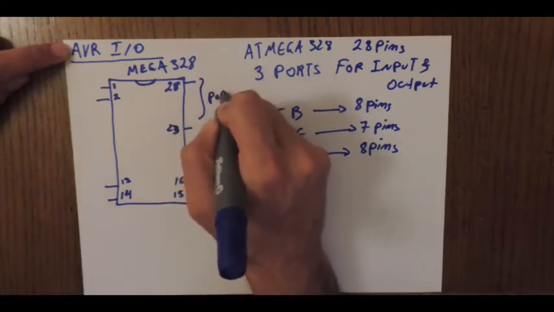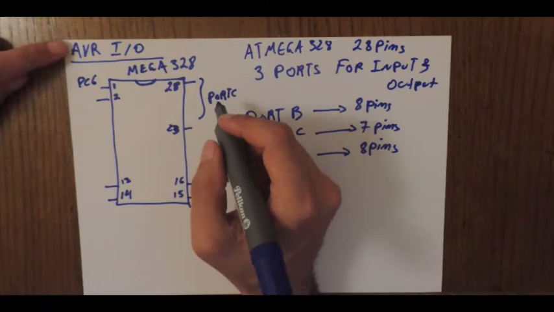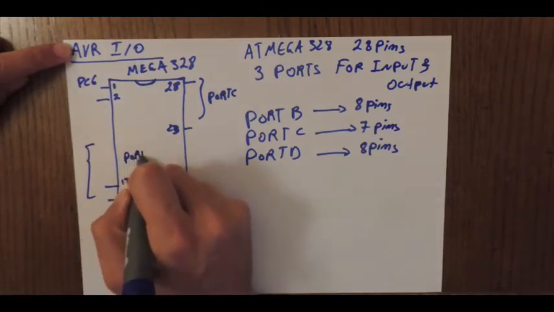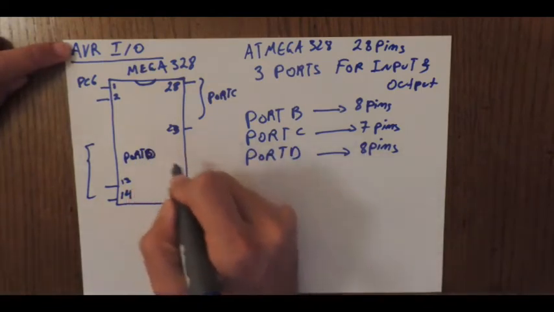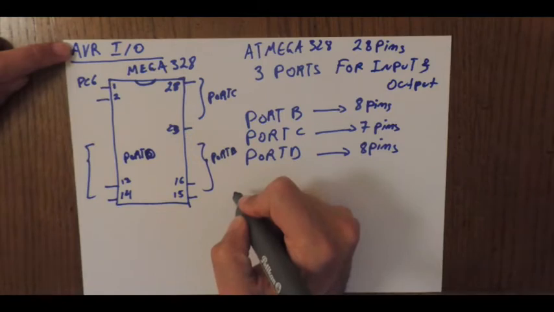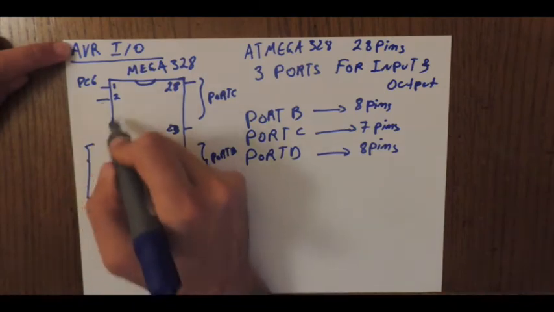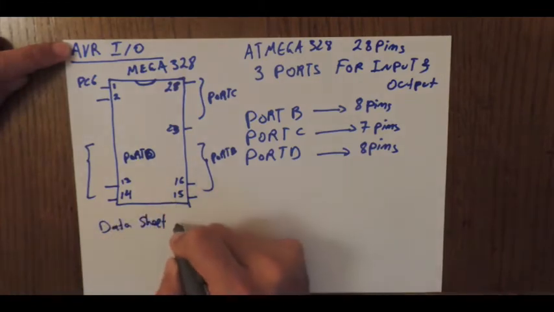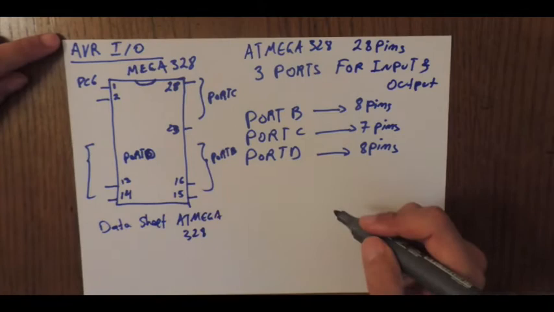This is port C. Also here we have VC6, the 7th bit, and we have port B also here, port B, and port D. And here we have port B. We also have some bits here for port B, and some bits for port D. You can check out the data sheet for the ATMEGA328 to check exactly where each port resides.